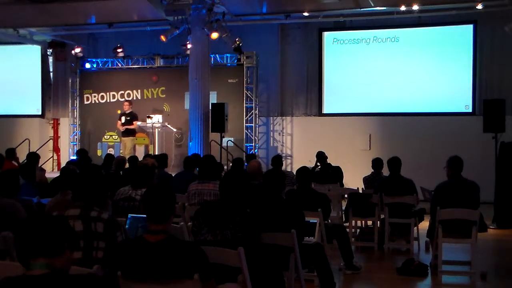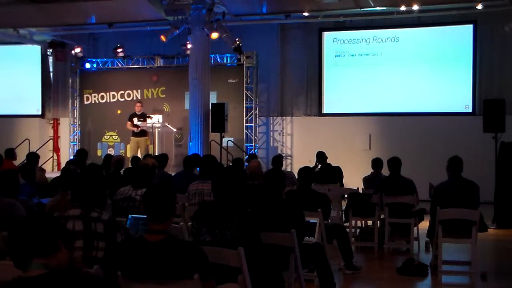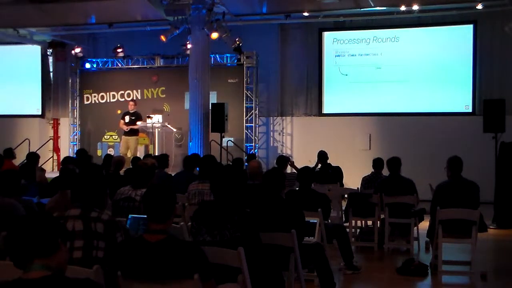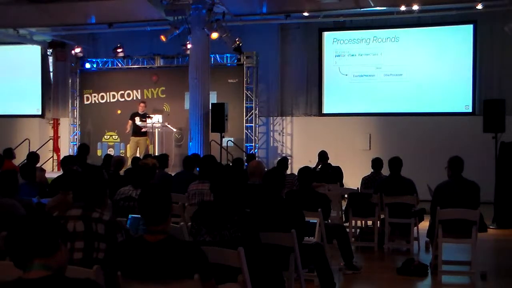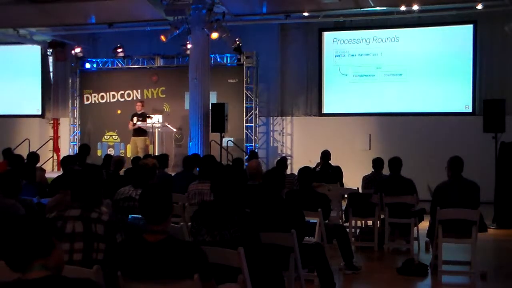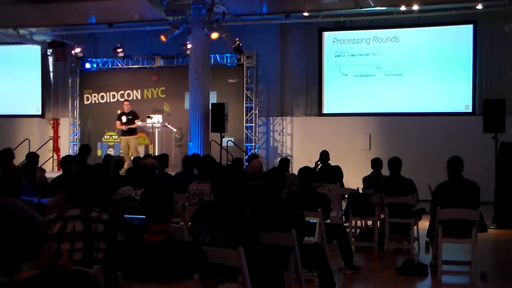The reason we have a round environment is that there's this thing called processing rounds. And I'll show you why they're required using our example. So we have our class annotated with the annotation that we've written a processor for, and that's going to get shoved into javac. Javac is going to start running, and it's going to find our example annotation processor and our hypothetical other processor that I've included in.